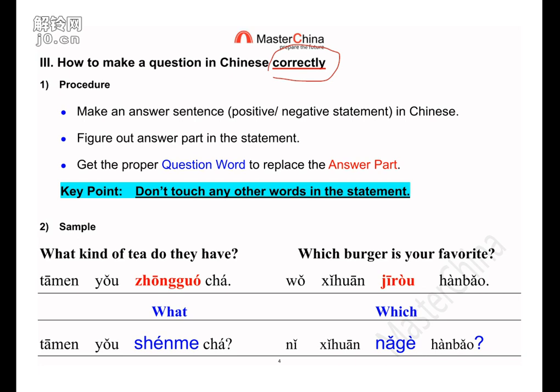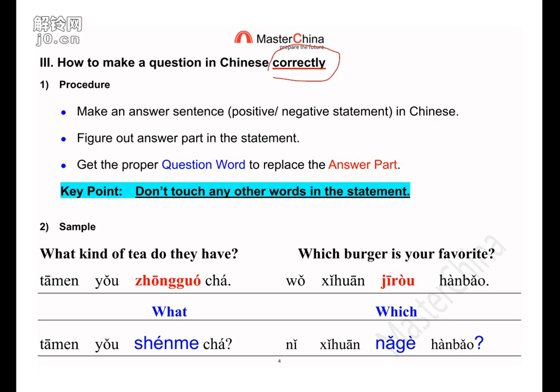If you make a question, you should know how to make it correctly, because it also helps you understand Chinese people's speaking. If you don't know the correct order, later when the sentence becomes longer, usually you cannot make people understand what you want to say.